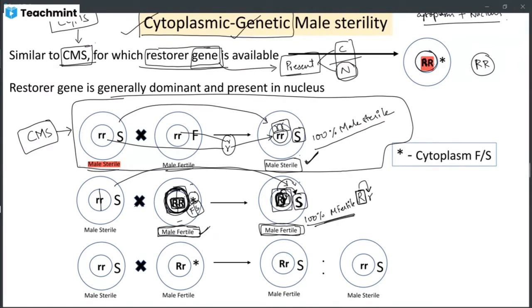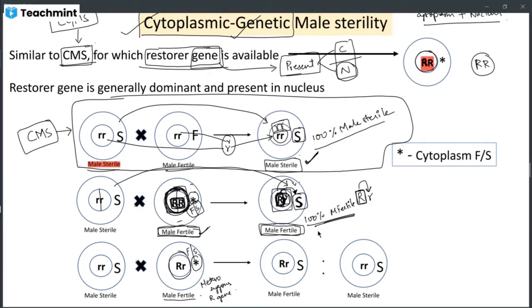Yes, sir. Okay, and now we will see a third type of cross where the male sterile line is again fixed, but now the male fertile line, let us assume whatever might be the cytoplasm, it might be your fertile or it might be your sterile, but the nuclear condition is what we can call your heterozygous restorer gene condition.